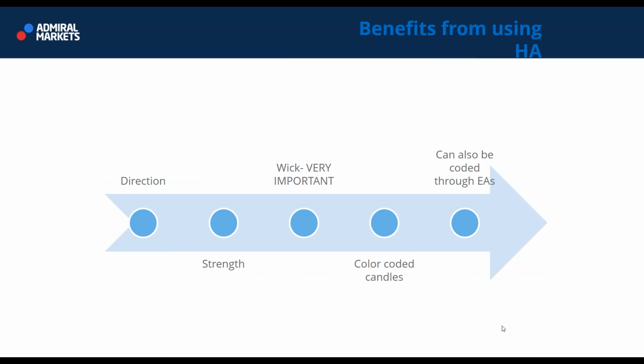Now, what are the benefits? Well, the benefit of Heiken Ashi is direction. So when you see a candle that goes straight up with a wick, it's different, guys. You need to see a wick to the downside in the case of up. I will show you, and you will see that direction is important for Heiken Ashi. Also, strength.